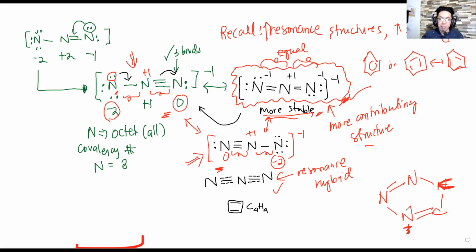Those are azides. Azides are used to close and form rings. If you will notice, nitrogen, double bond, nitrogen, single bond, nitrogen, double bond.